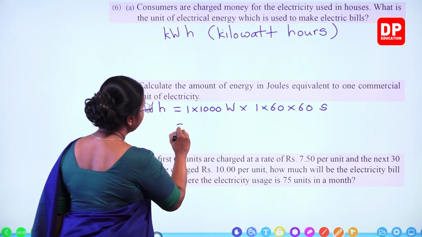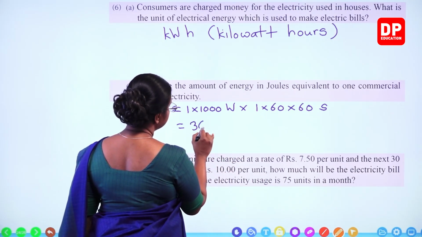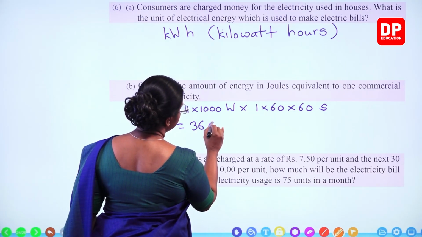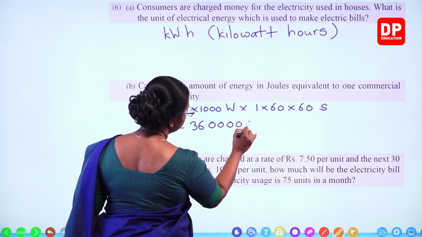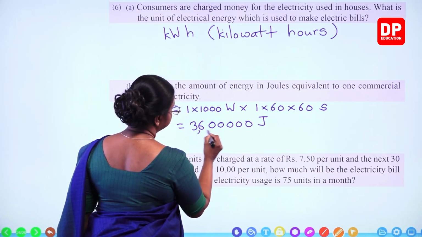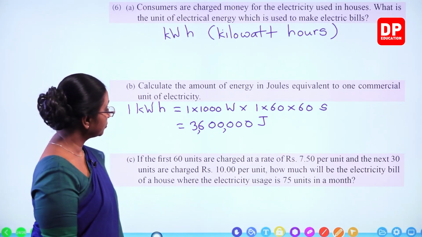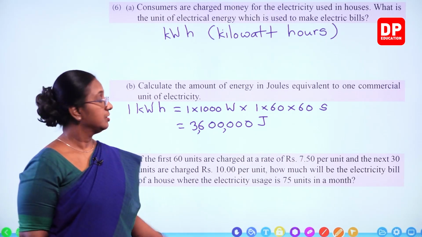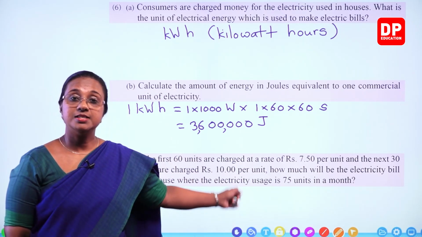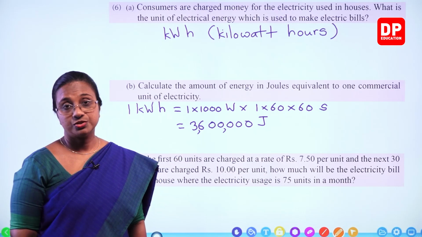That will give you the value in joules. So, 6 into 6, 36. And there are 5 zeros, joules. So, 3,600,000 joules. So, 1 kilowatt hour is equal to 3,600,000 joules.